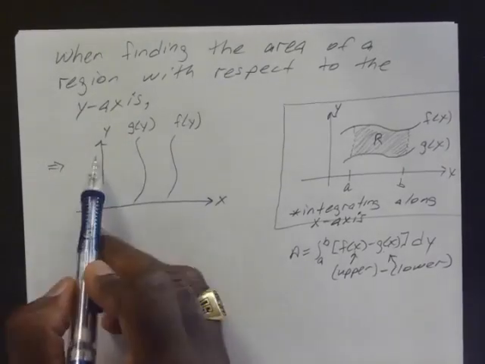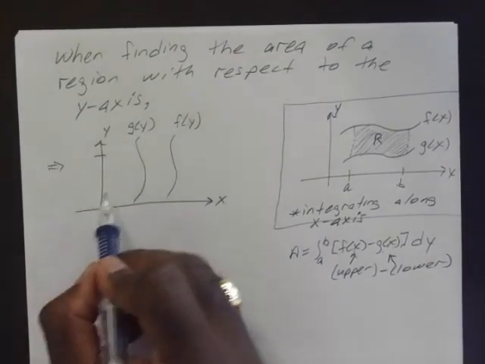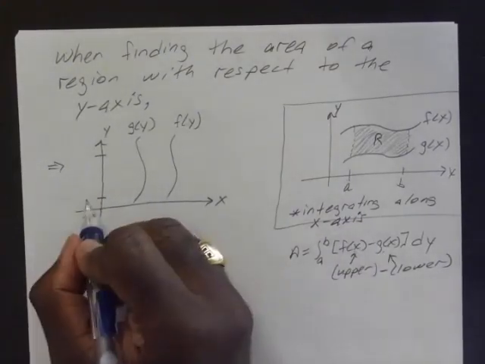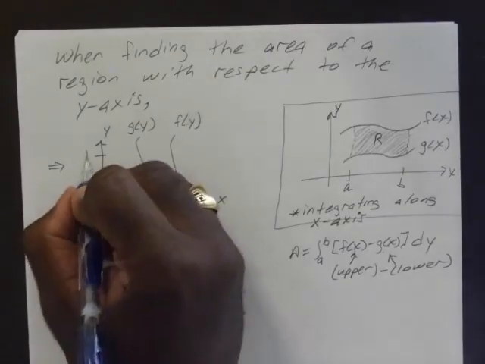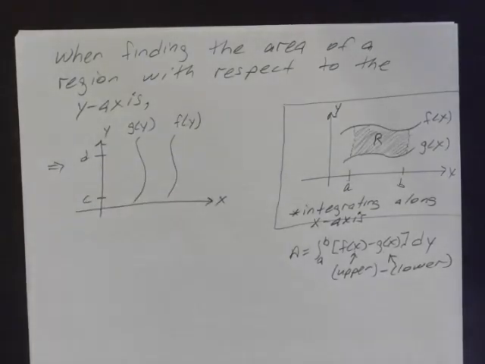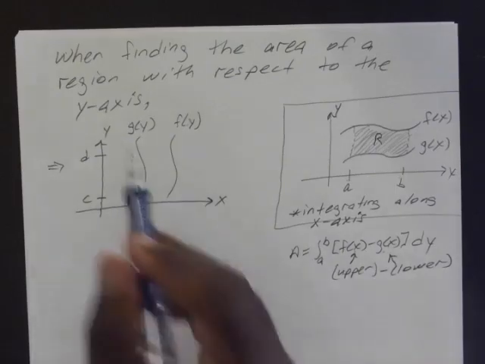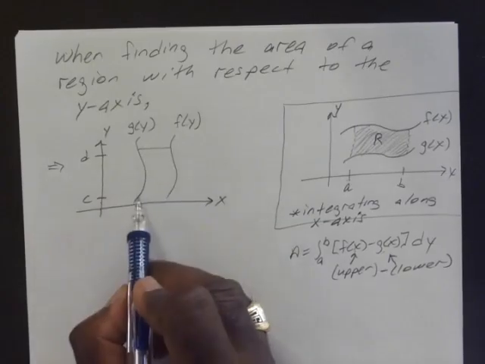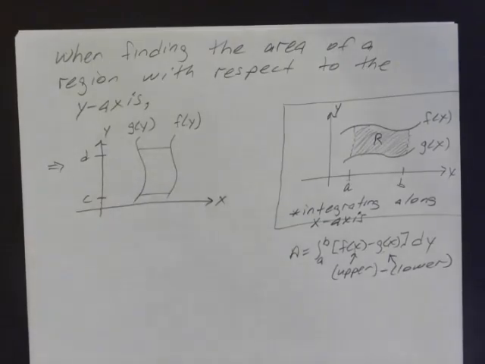But when it's along the y-axis, then instead of going from a to b on the x-axis, we're going to go from some value c to d on the y-axis. Okay.